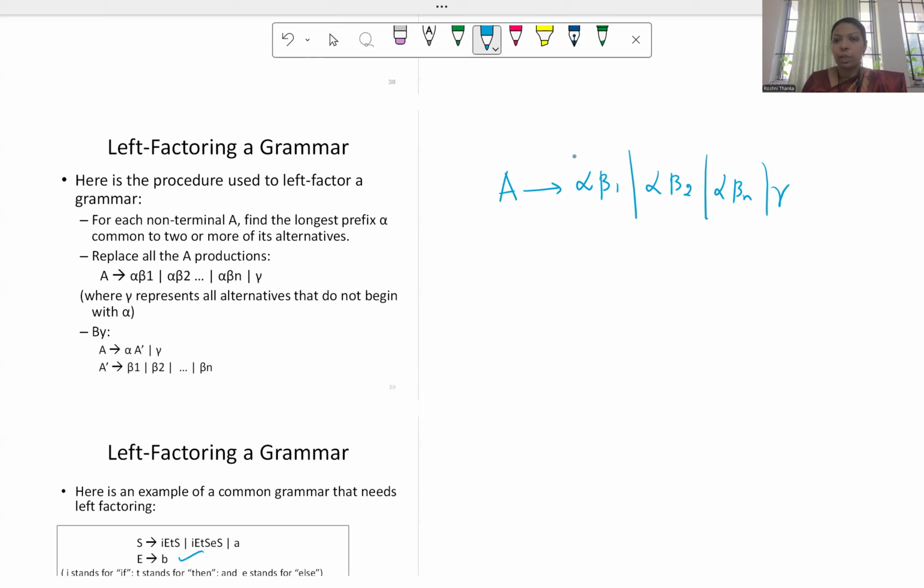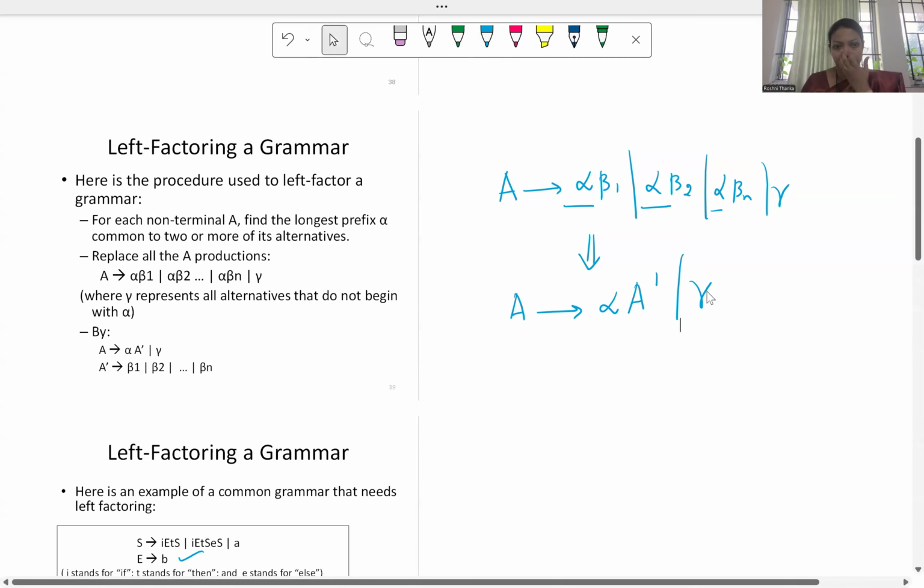We see that in all of these, alpha is common. This commonality is called left factoring. So how will I remove it? Write the common term alpha and introduce a new symbol, a non-terminal A dash. And then write the gamma as it is, which doesn't have any common term.